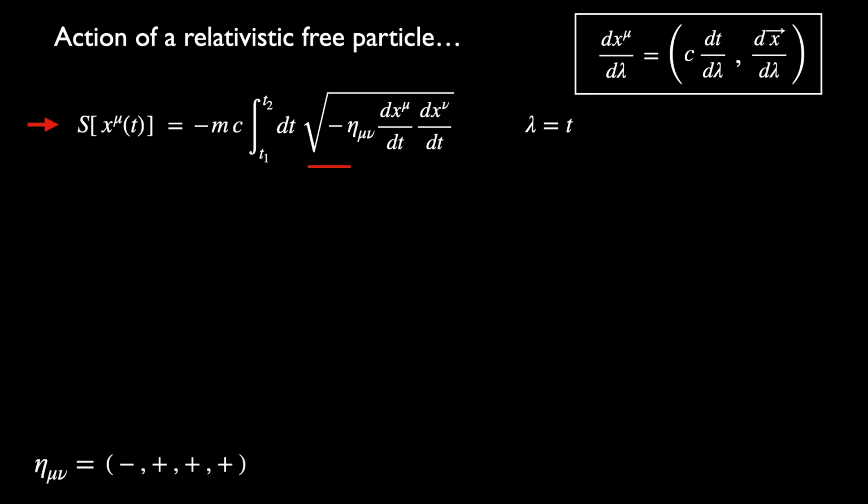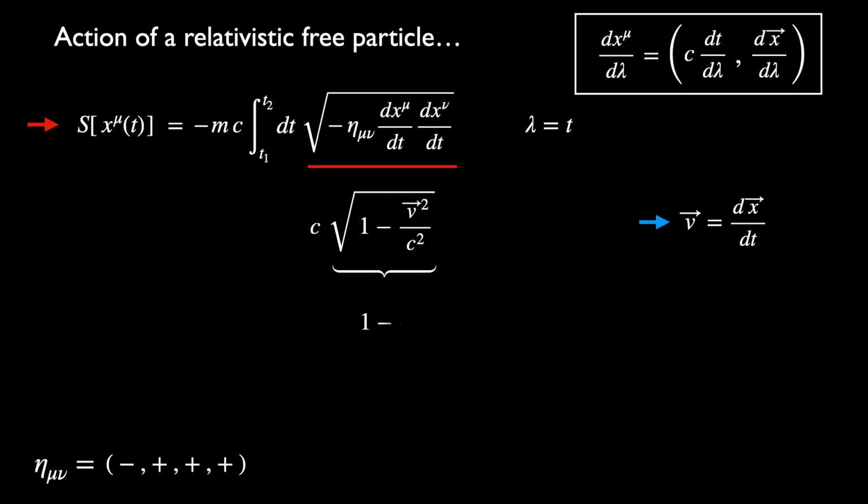Writing out this square root explicitly, using the four-velocity and the Minkowski metric, we have v, which is just a regular three-velocity. We can expand this explicitly in powers of v over c as in the last lecture.